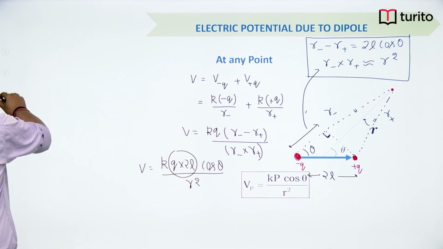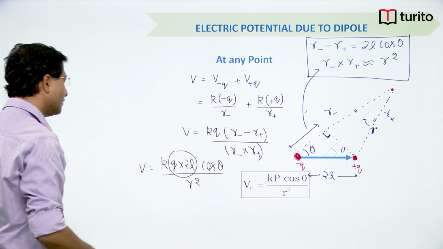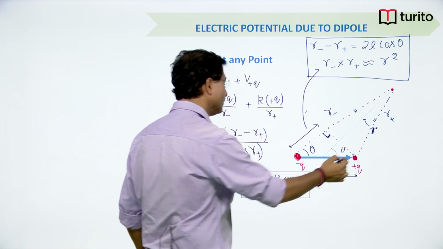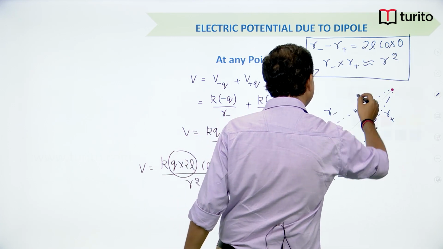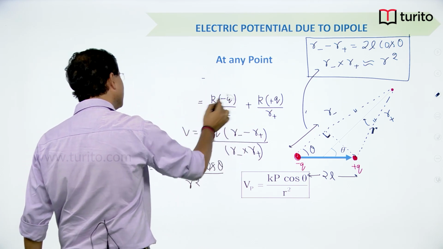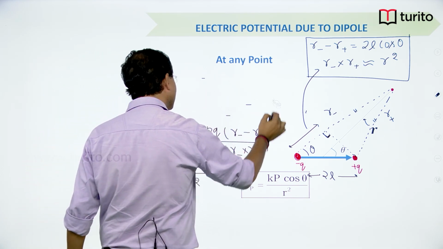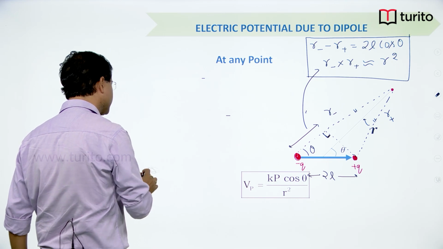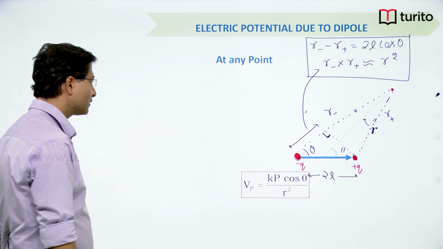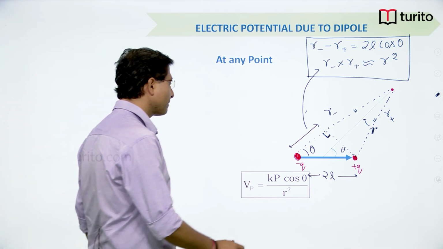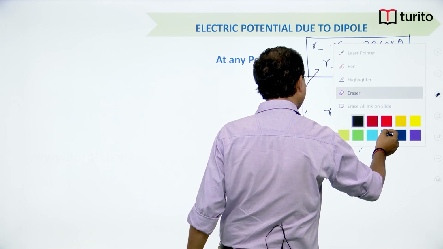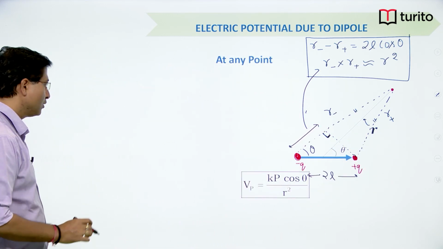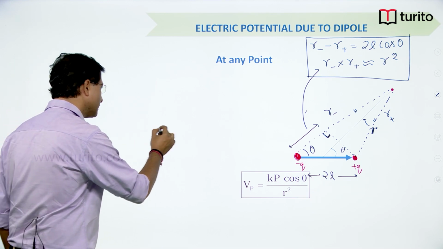Now, let's first analyze what we have got. Look at this diagram. This is dipole.